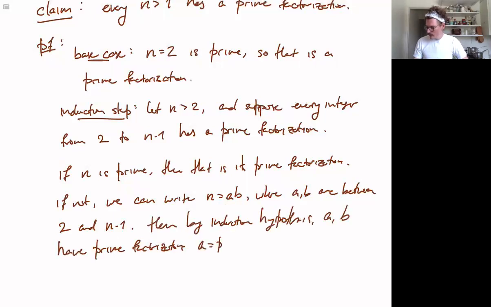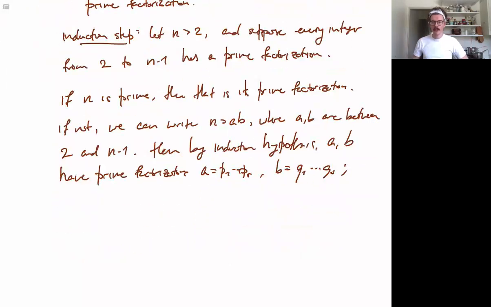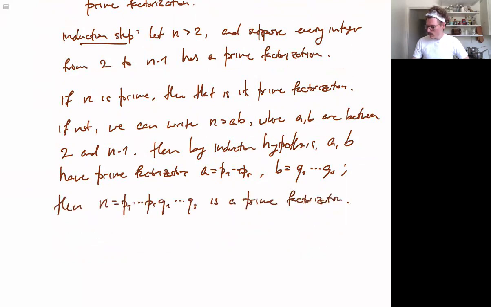Let's give them names: a equals p1 through pr, and b equals q1 through qs. Well, then we can just take these two prime factorizations to get a factorization of n. And that completes the induction step. So the proof is complete.